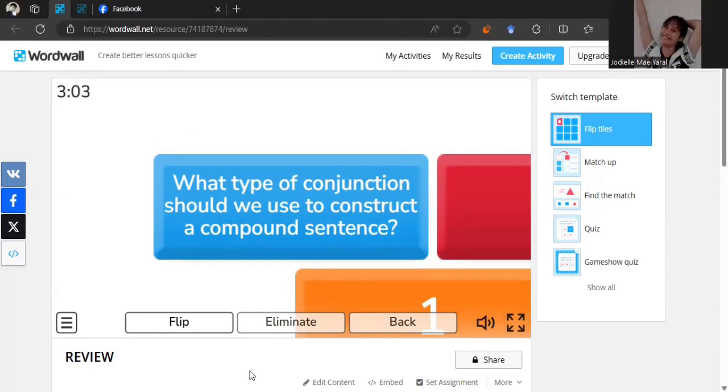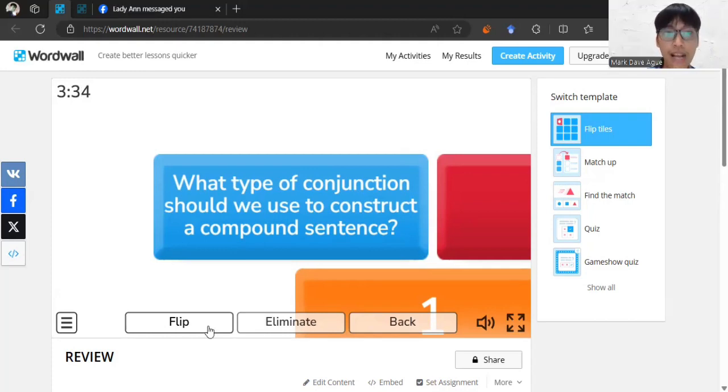I think, sir, the type of conjunction that we should use to construct a compound sentence are the FANBOYS, which is the and, the for, and so on. That's right. You can call them the coordinating conjunctions or the FANBOYS. Good job, Miss Yaral.